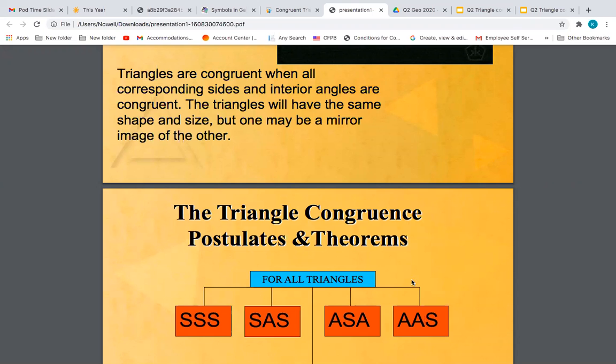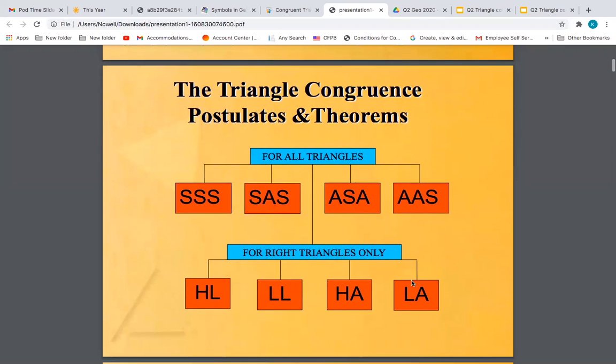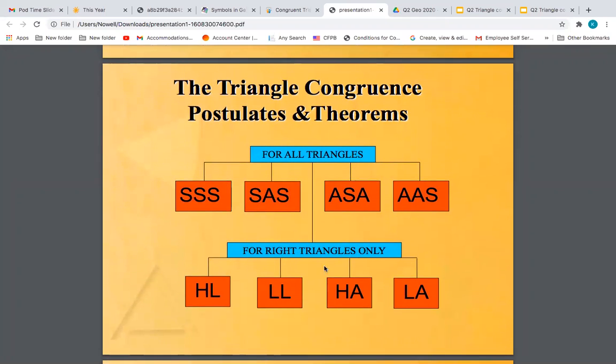All right. We have a special triangle, which is called the right triangle. In right triangles, we need to learn hypotenuse, leg. We know the hypotenuse is the side opposite the right angle, which is a 90-degree angle. And L means leg, which is another side.